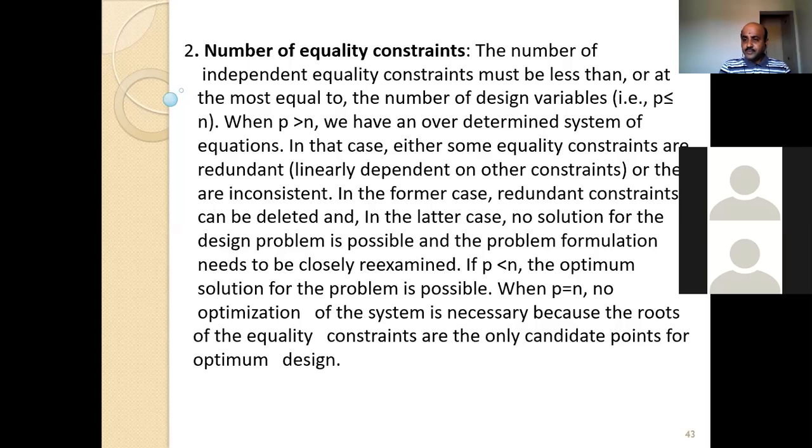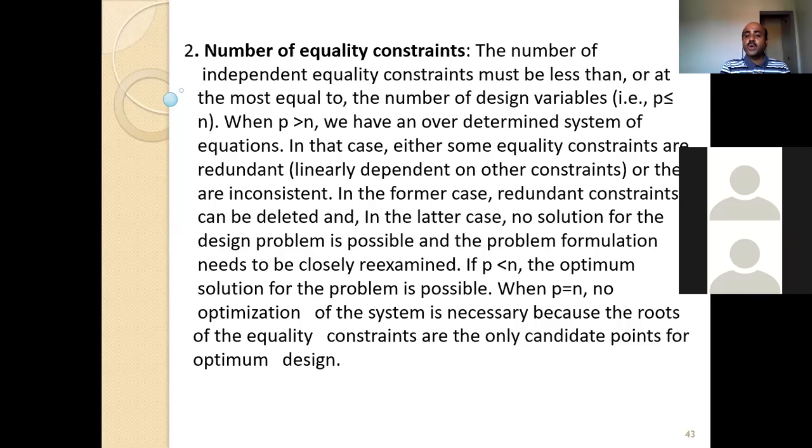So be careful. From the problem description as well as from the data, make sure that the number of independent equality constraints does not exceed the number of design variables. We'll call that number P.